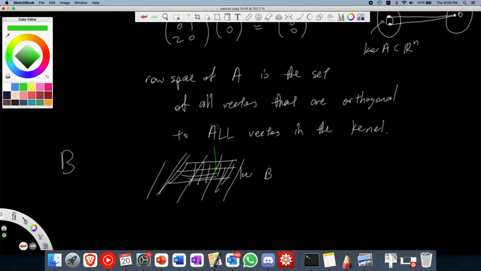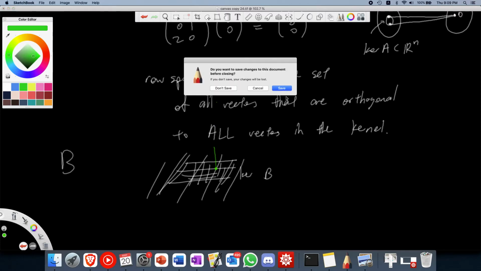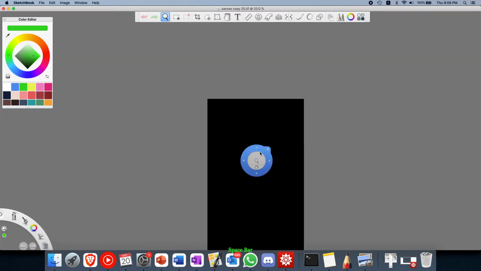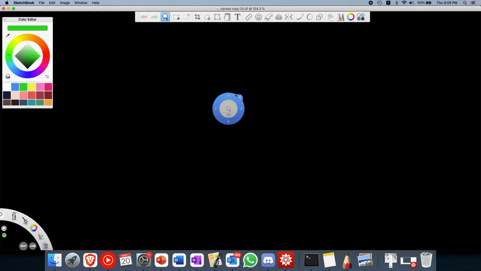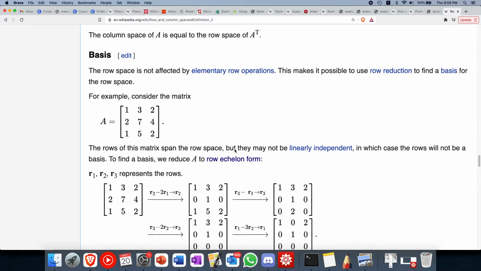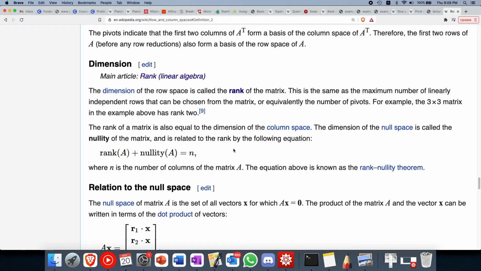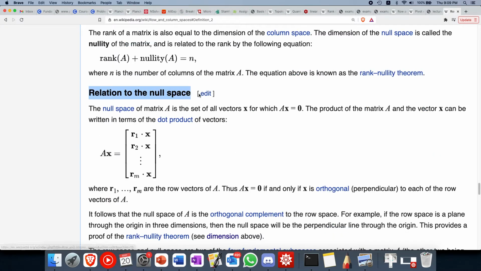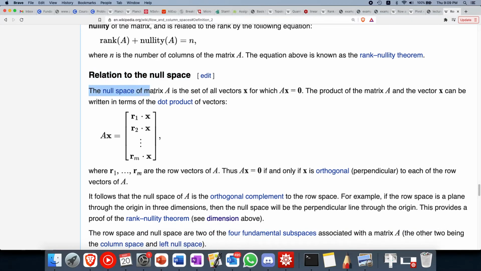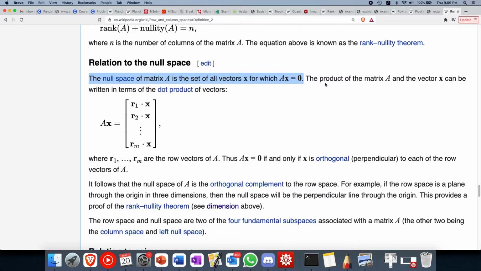So how do we see this? Let's go over to a new document. Actually, I'll jump over to the wiki now. Row space, relation to the null space. Null space is the kernel. The null space of a matrix is the set of all vectors that are mapped to 0, and because the product of the matrix, the linear transformation, and any vector x can be written in terms of dot products of vectors, later I'll show this.